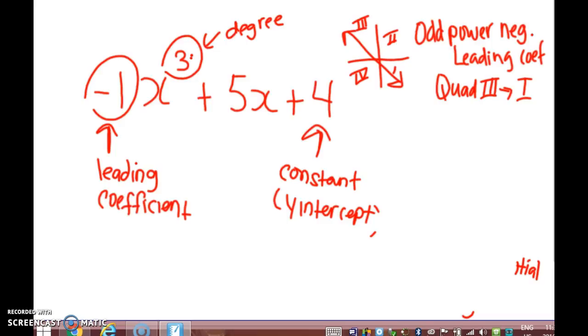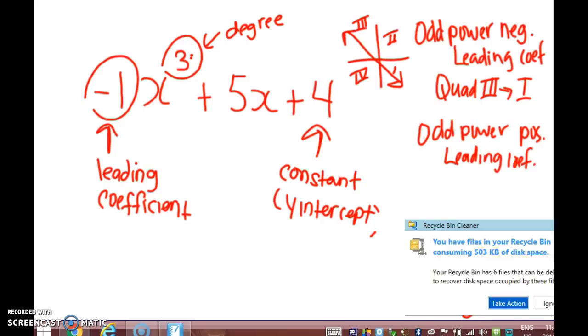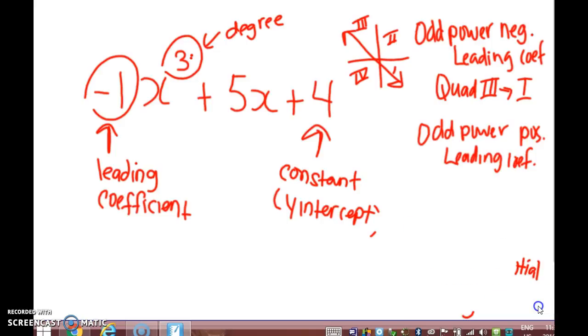If you have an odd power and a positive leading coefficient, say 2x to the power of 3, it would look like this, like up a ski slope.